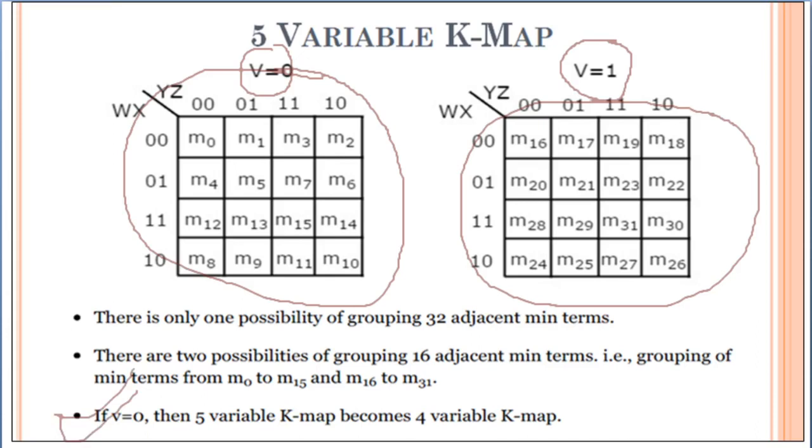So if we have a function of more than 5 variables, then we can't use the K-map method. Instead of K-map, we use another method for minimization, known as the tabular method. But this method is not part of your syllabus. I will discuss this tabular method at the end, when the whole syllabus is over, just for your knowledge. Okay.